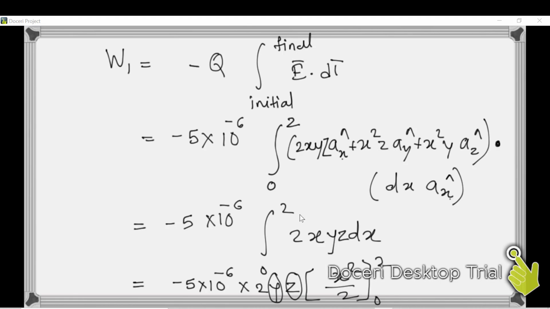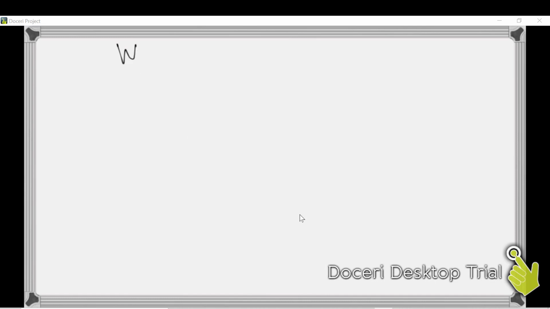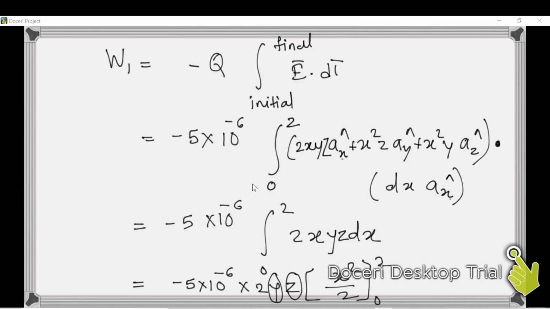So if we put y equal to 0 and z equal to 0, W1 will automatically become 0 joules. No need to solve the integration because y is 0 and z is 0 for that path, right?